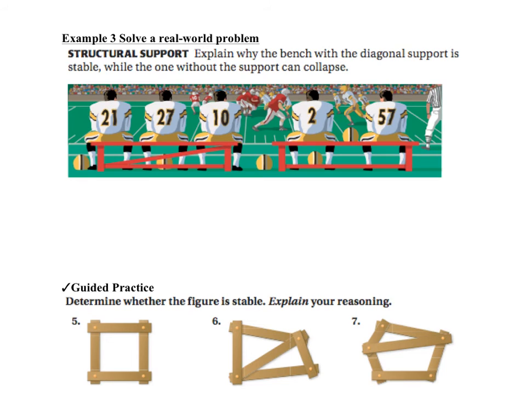Solving a real-world problem. Explain why the bench with a diagonal support is stable while the one without the support is not. Okay, so with the support, we now have triangles with fixed side lengths.